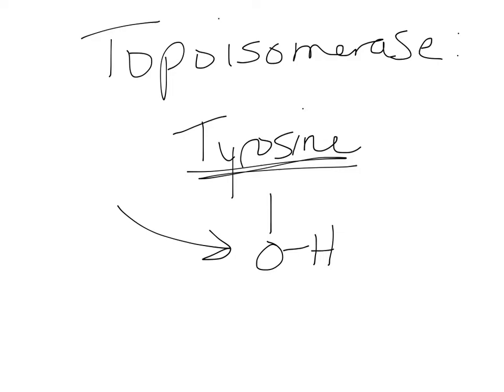The hydroxyl group is important because, in that strand, let's say it was a complete strand at this point with our hydrogen bonds, the hydroxyl group will come in, and remember, oxygen is electronegative.